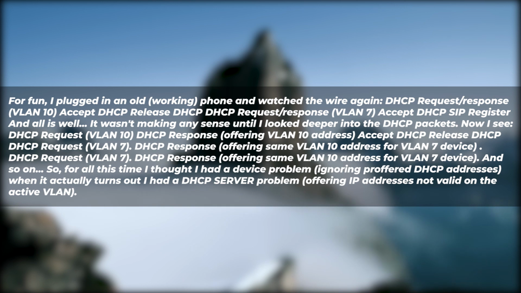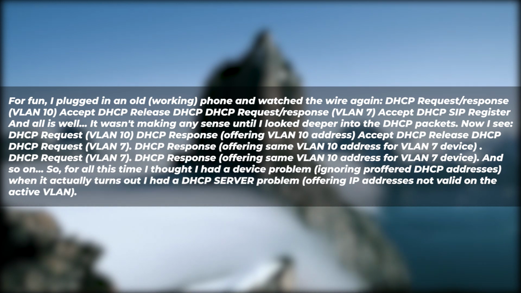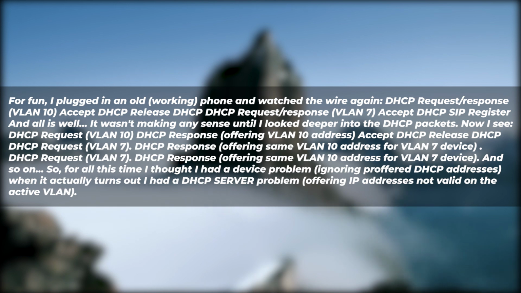For fun, I plugged in an old, working phone and watched the wire again. DHCP request/response, VLAN 10, accept, DHCP release, DHCP request/response, VLAN 7, accept, DHCP, SIP register, and all is well.